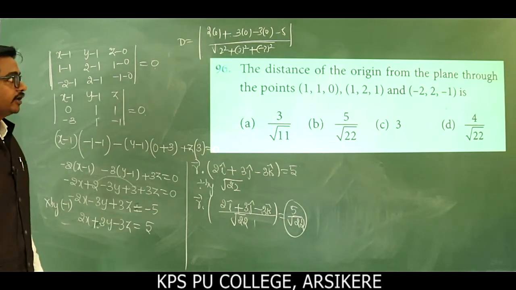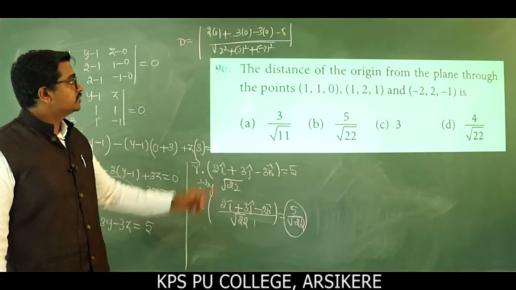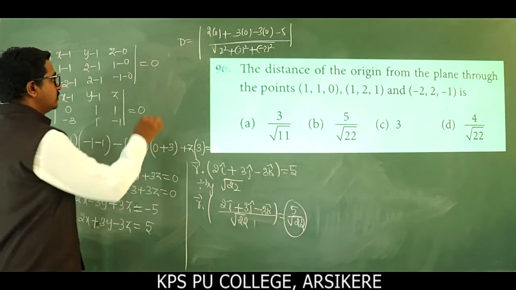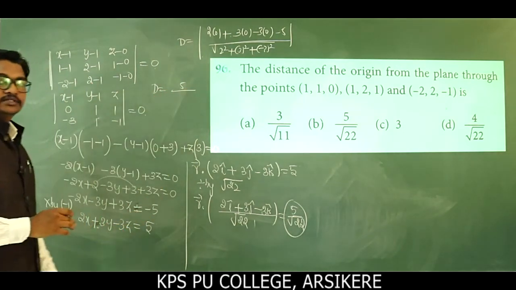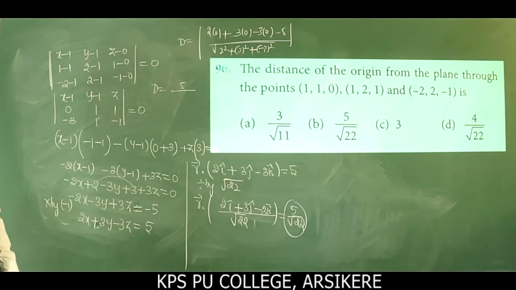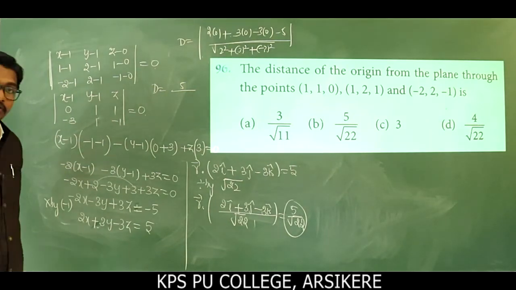So d is equal to 5 divided by root 22. 2 square is 4, 3 square is 9, 3 square is 9, 9 plus 9 is 18, 18 plus 4 is 22. This is our answer.